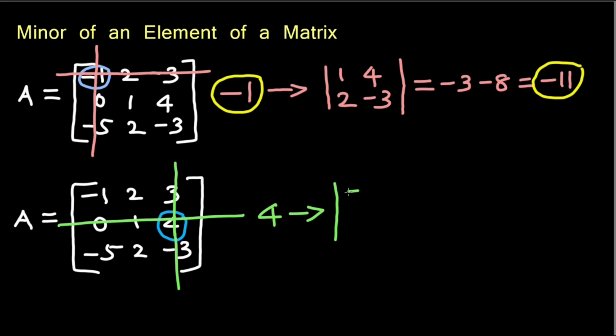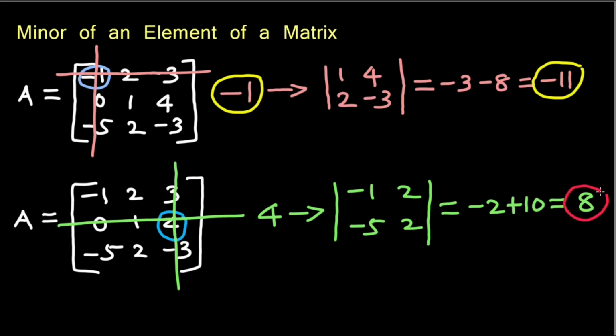So the determinant minus 1, 2, minus 5, 2, which can be evaluated as minus 2 plus 10, that is 8. So 8 will be the minor of element 4. So this is how minors of elements of a 3 by 3 matrix are found out.